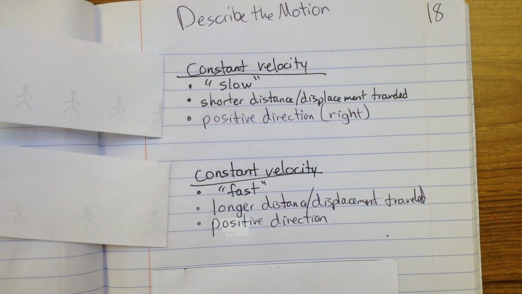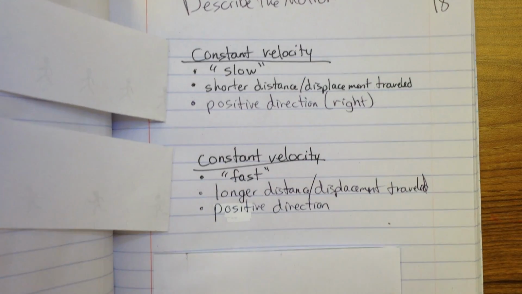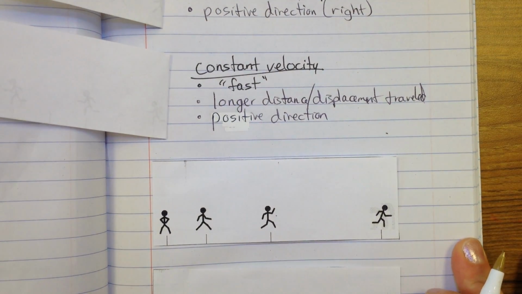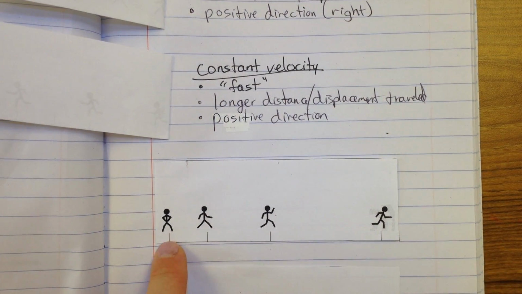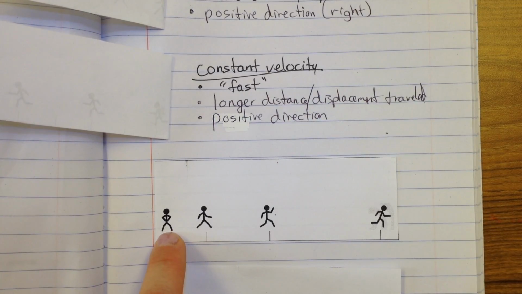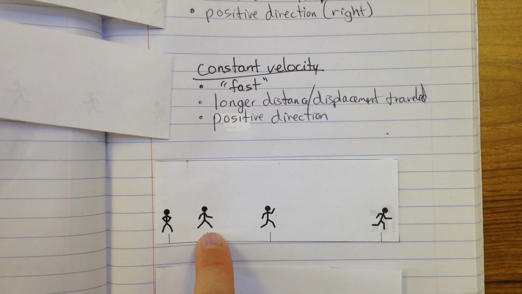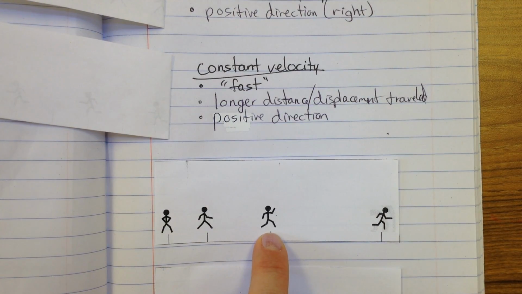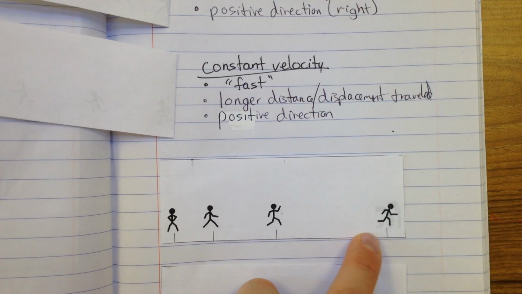Okay. Now, let's look at the third one. Looking at the third one, carefully observe this one. First, we have at rest, then slow walking, then kind of a jog, maybe, and here we've got sprinting.